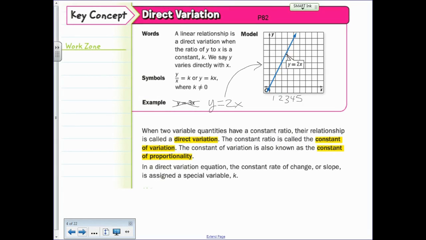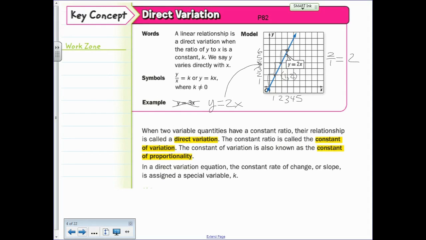And in addition, it goes over 1 up 2, over 1 up 2, over 1 up 2. The slope is 2 over 1 because the change in y over the change in x is 2 over 1, or 2.